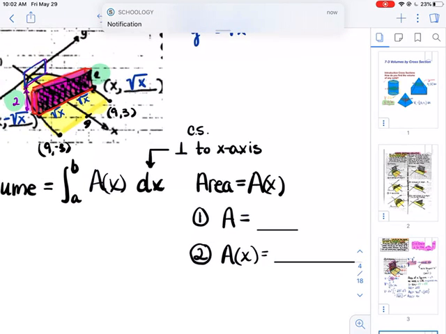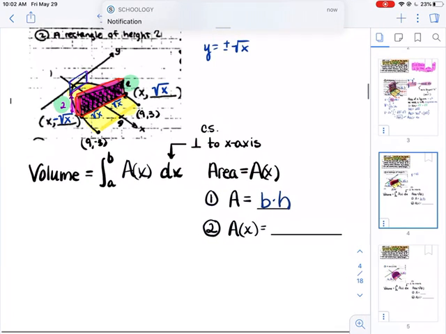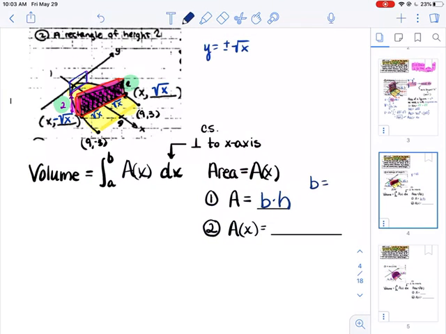So we're only going to be using, for the area, the same one we did for problem number 1. We're going to just say that the area is equal to base times height. So the base in this case is just going to be 2 square roots of x. And the height is, of course, 2. So we're just going to write 2 square roots of x times 2, and then simplify the expression.